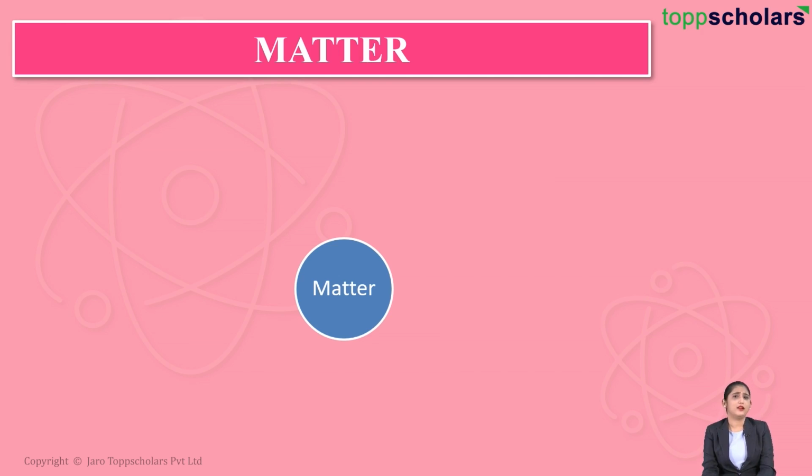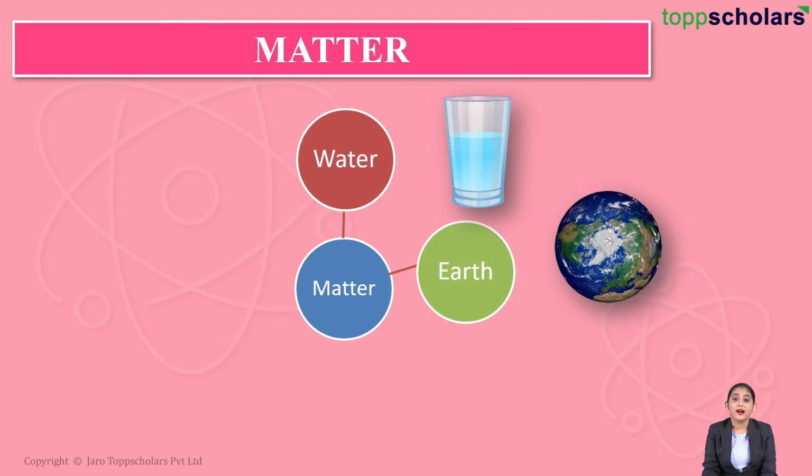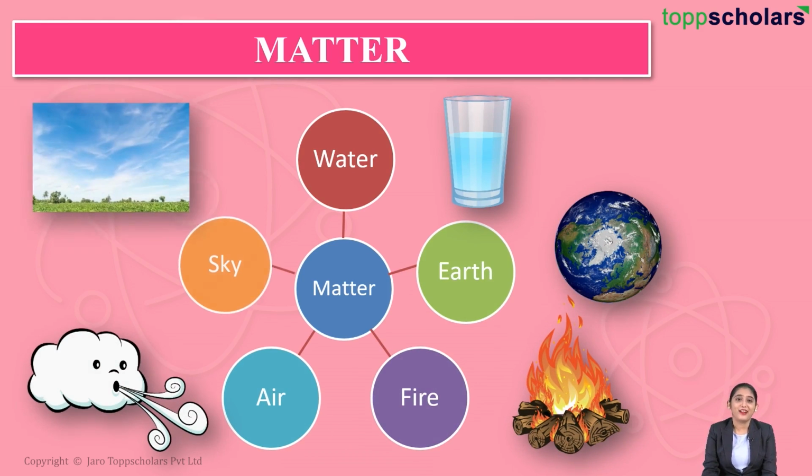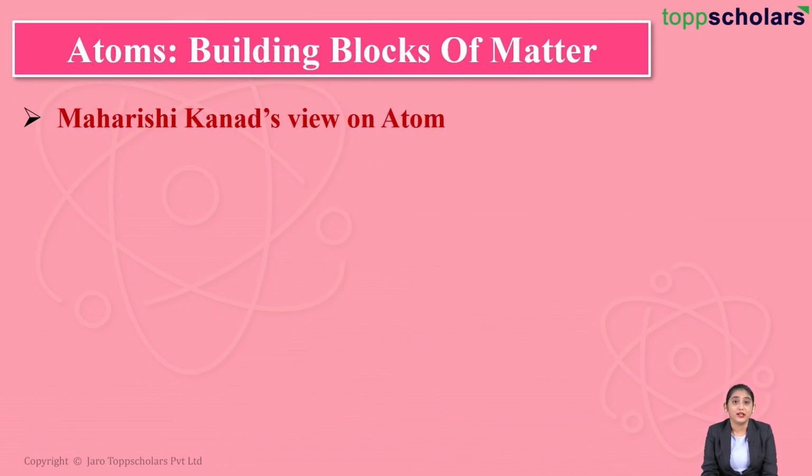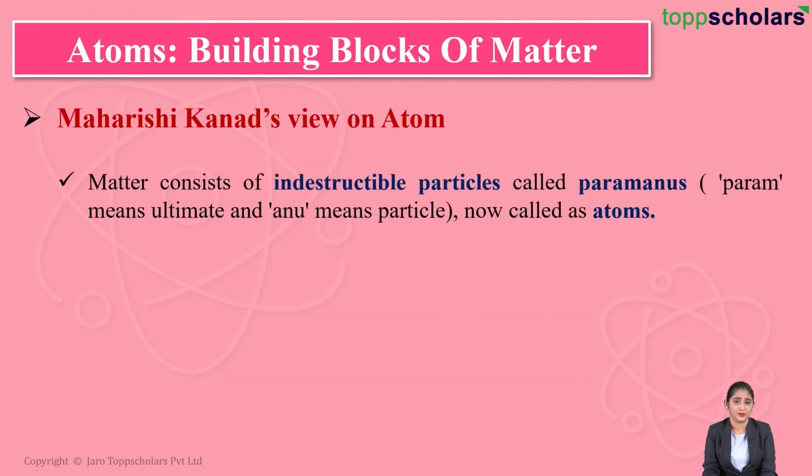My dear friends, earlier it was thought that matter is made up of 5 elements, and that is water, earth, fire, air, and sky. But friends, later on, Maharishi Kannad proposed that matter is made up of tiny particles which are called atoms. He said that matter consists of indestructible particles which are called paramanu, where param means ultimate and anu means particle.